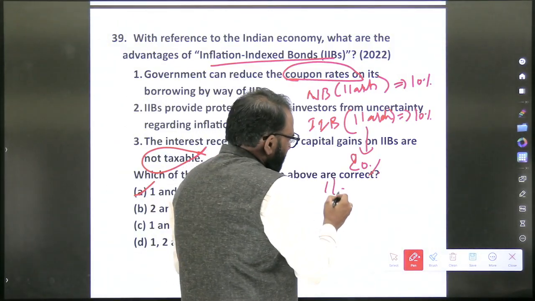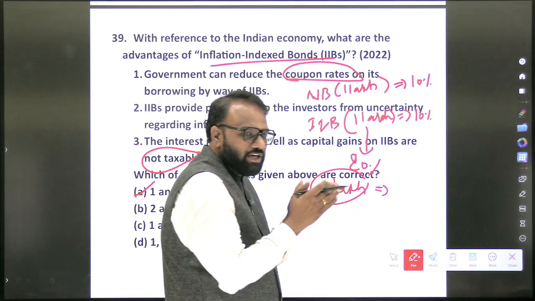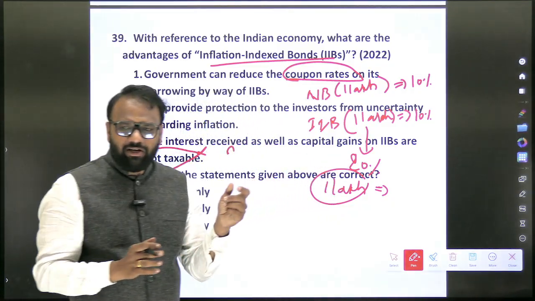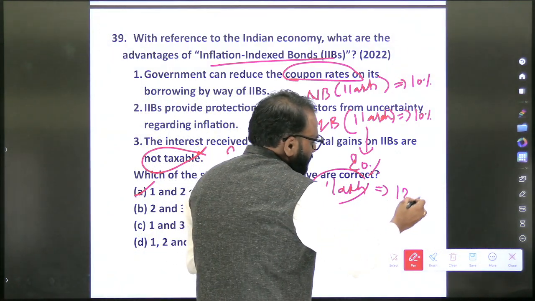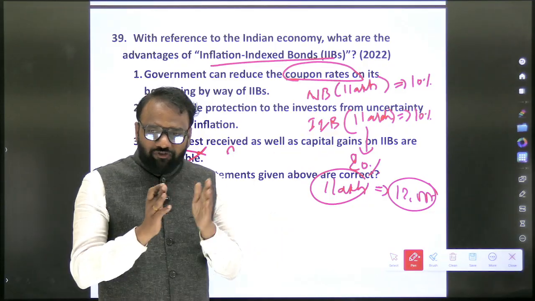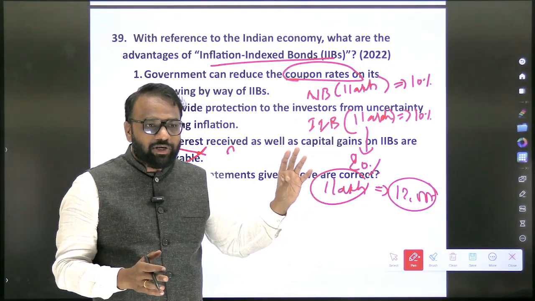So 1 lakh plus extra 10, and inflation on top of this 10%. So 20% means extra 2,000 rupees, so he'll get 12,000 rupees. In the first case, he'll get a fixed amount. Here, based on inflation, he may get more or he may get less. So it is inflation adjusted.